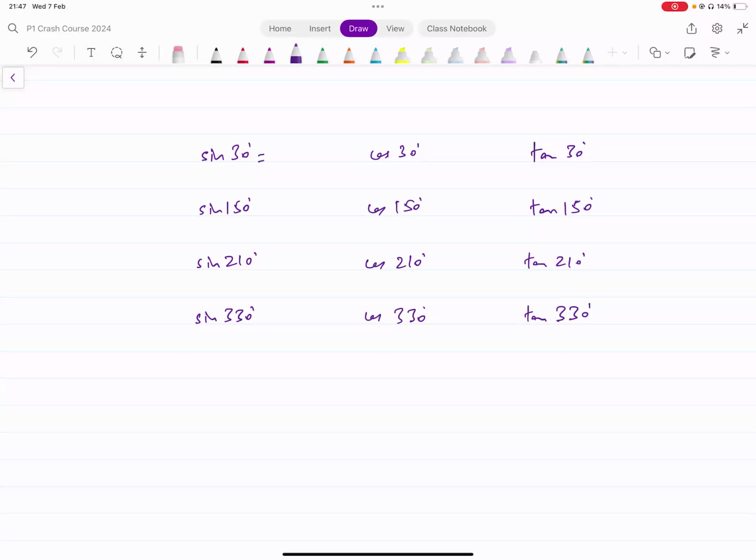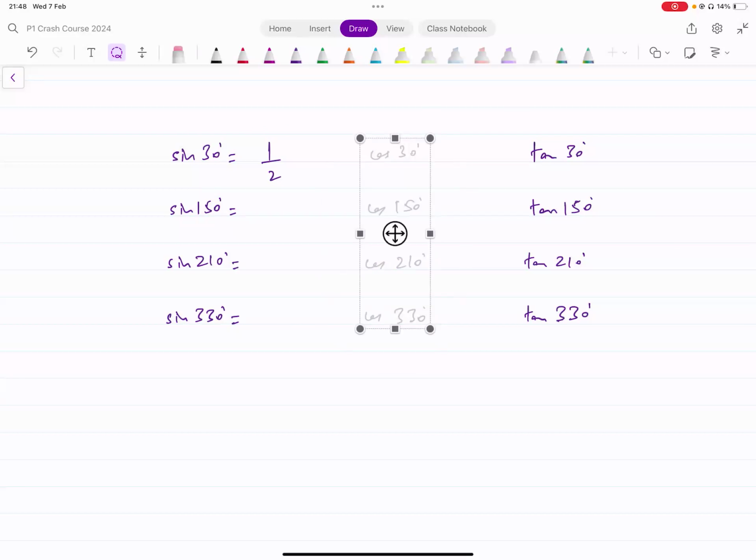Let's calculate all of these on our calculator. Sine 30. So try this on your calculator. That gives you 1/2. And if you would try the rest of them, sine of 150, sine of 210, sine of 330, you would realize all of them actually give you the same result.